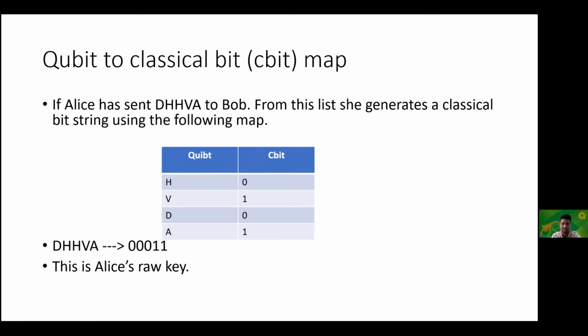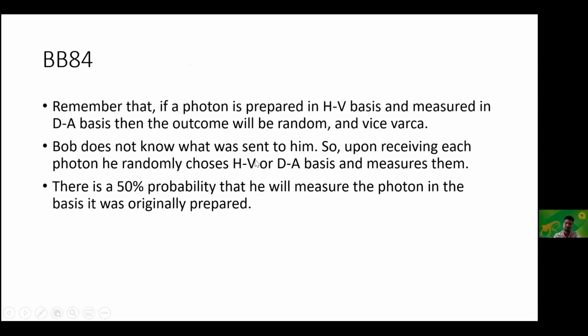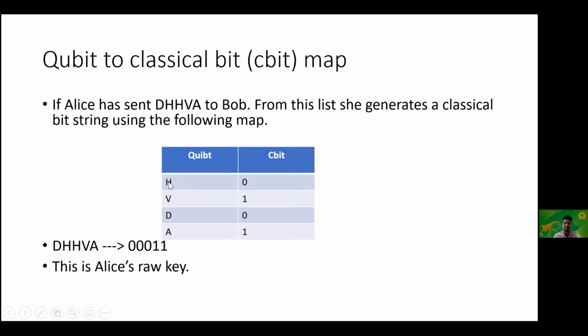On top of it, because we will not be using photons to do the eventual cryptography, we will need classical bits, or cbits. So we use some encoding. Every time Alice sends a horizontal photon, she records a 0. Anytime she sends V, she records 1. Similarly, when she sends D, she again records 0, and A, she records 1.